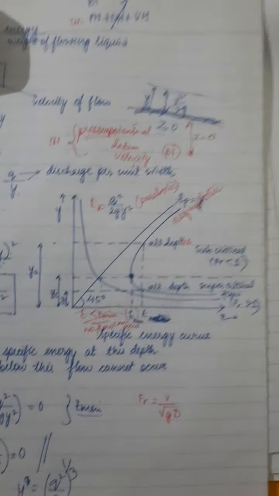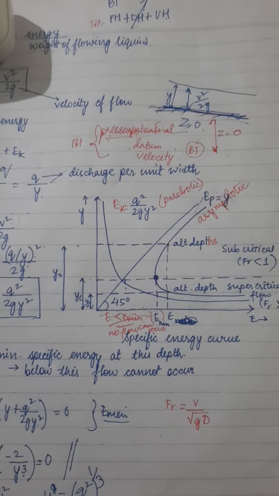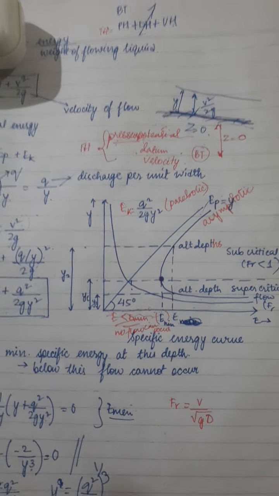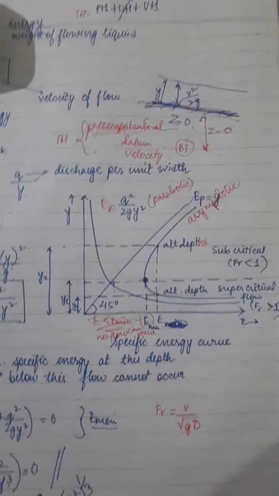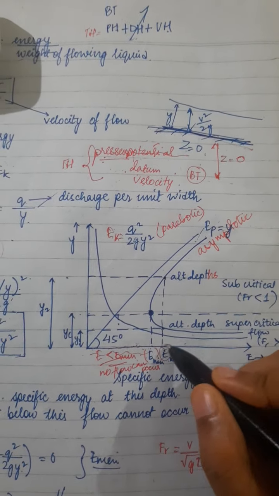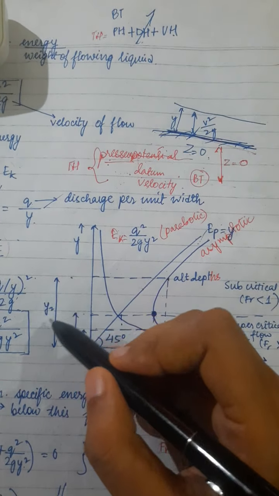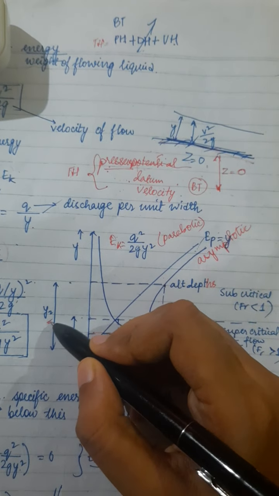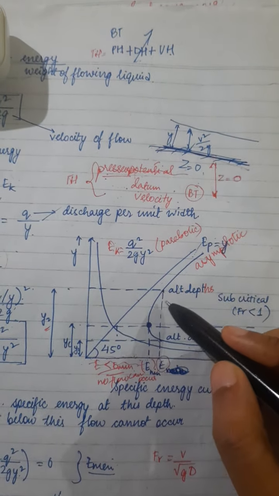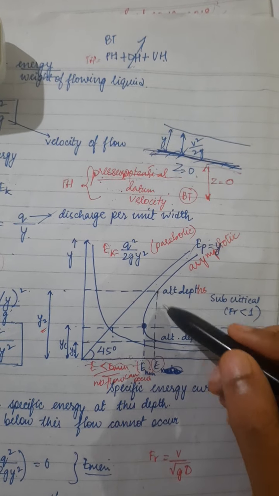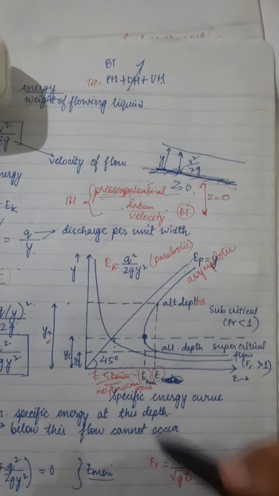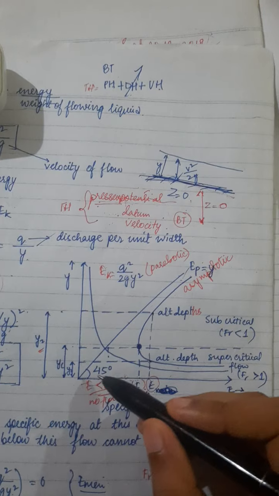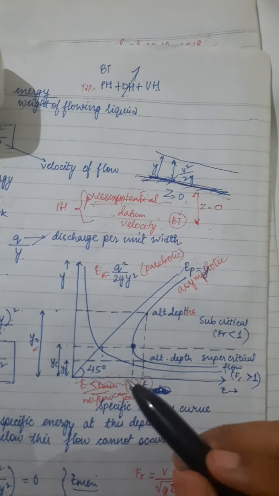That means if we have a flow at Y1 depth, it will have the same value of energy as another flow with depth Y2 in the same condition. So the energy is the same, but the depths can be two, okay.